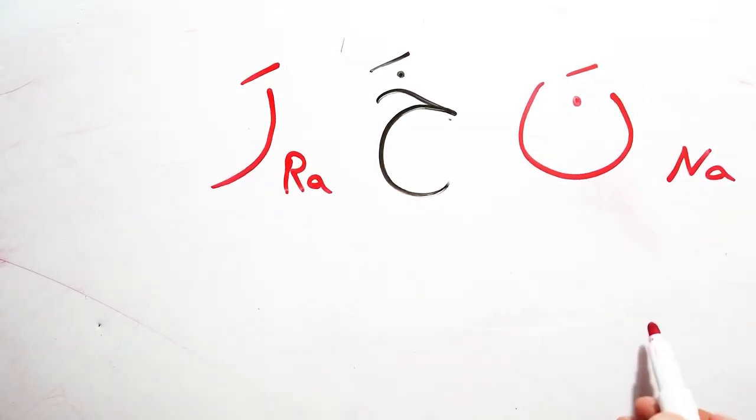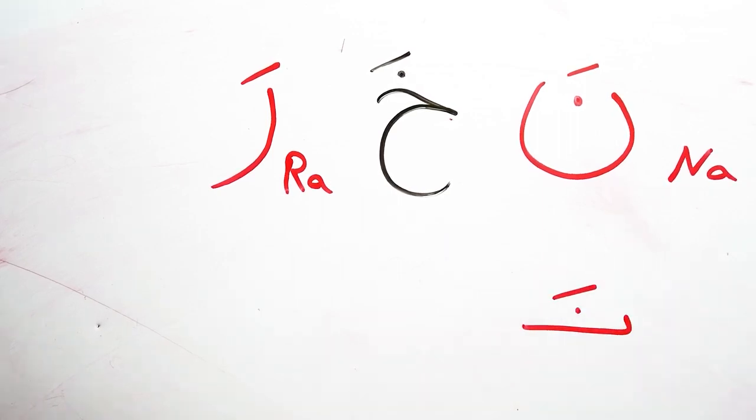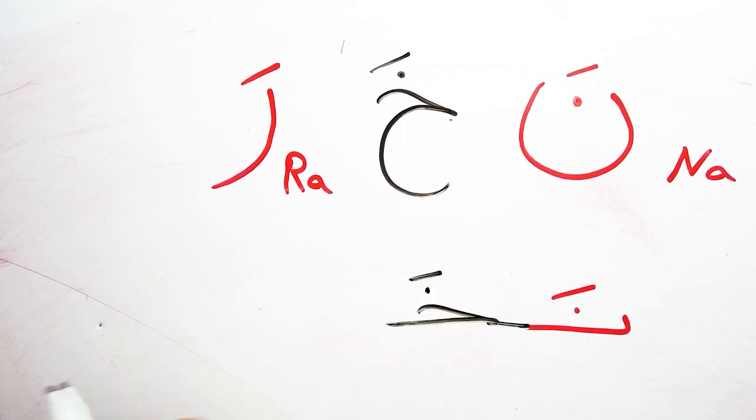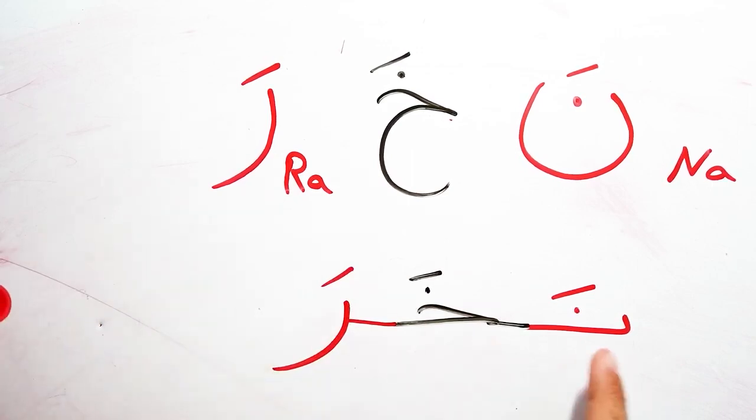Let's connect them. Na in the beginning of the word, and then kha in the middle, and finally we have ra. Na, nakha, nakhara, nakhara, nakhara.